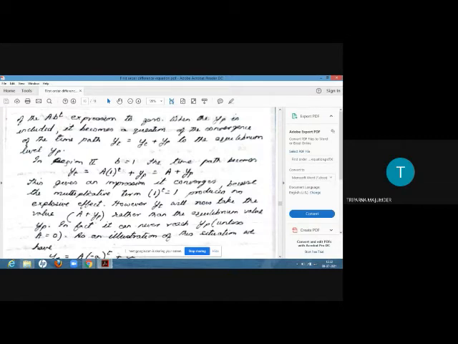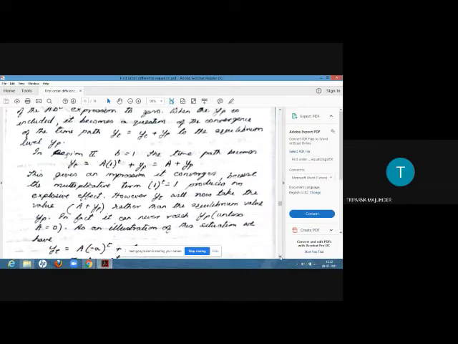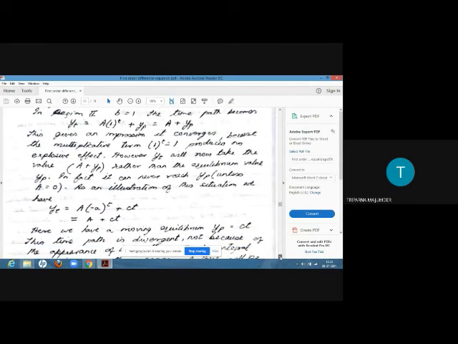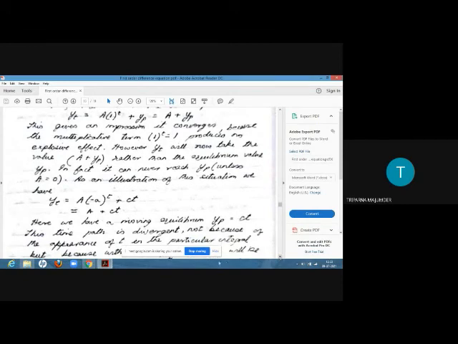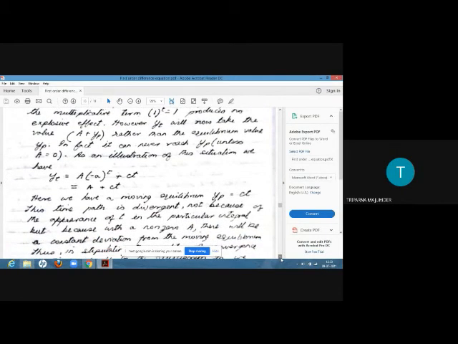In fact, it can never reach yp unless A is equal to 0. As an illustration of this situation, we have, say, yt equal to A into minus A to the power t plus ct, which gives us A plus ct. So this is a moving equilibrium. Yp is equal to ct.